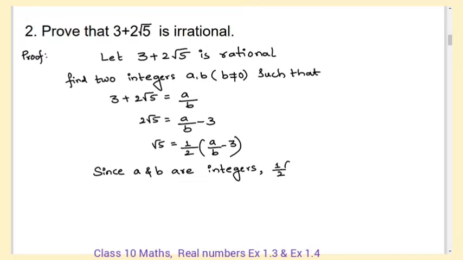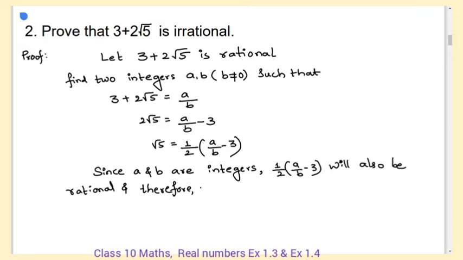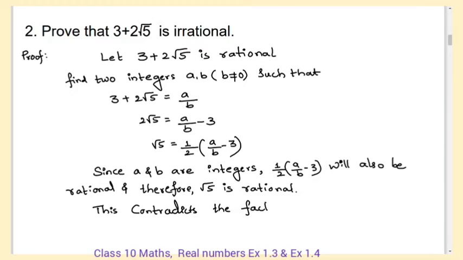Since a and b are integers, 1 by 2 into a by b minus 3 will also be rational. If a and b are integers, this becomes rational and therefore root 5 is rational. This contradicts the fact that root 5 is irrational.